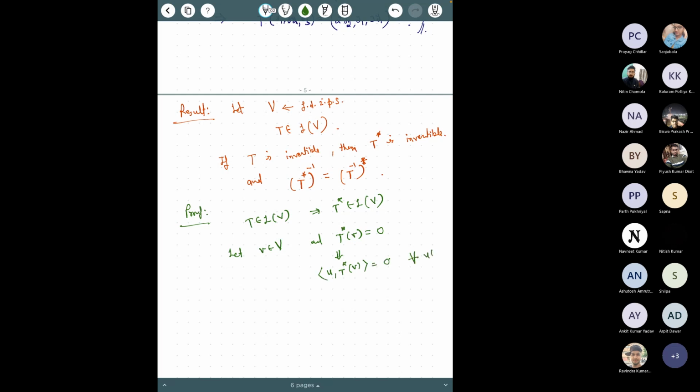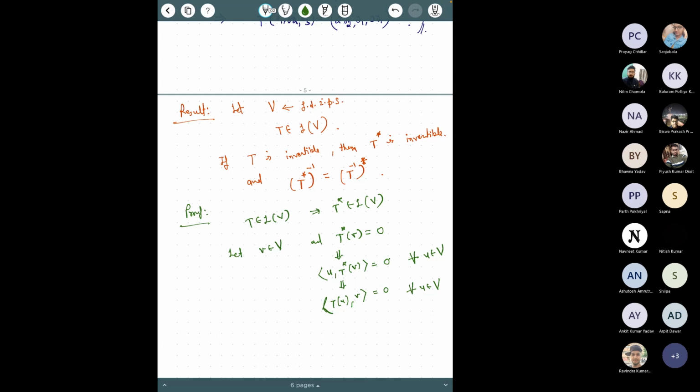This is true for all u in V. Now can you tell me what would be the next step? It is the inner product of Tu comma v. This inner product would be 0 for all u in V, right?